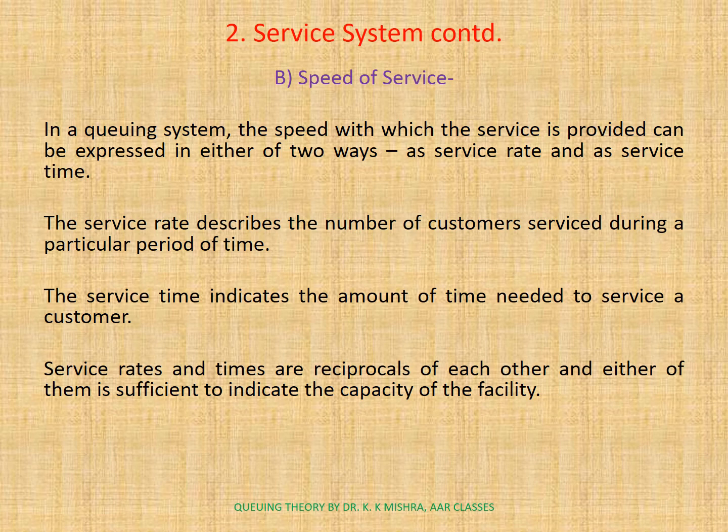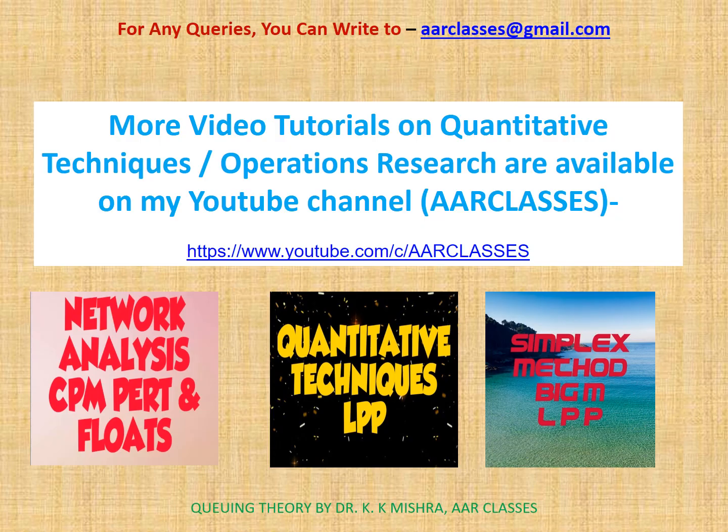The service time indicates the amount of time needed to service a customer. Service rates and times are reciprocals of each other, and either of them is sufficient to indicate the capacity of the facility. Now, this was all about the topics covered in this video.